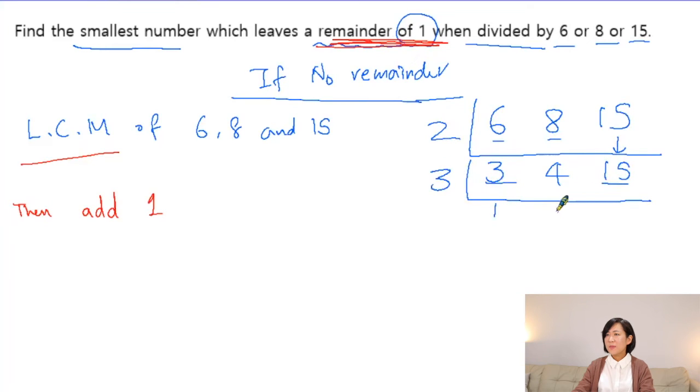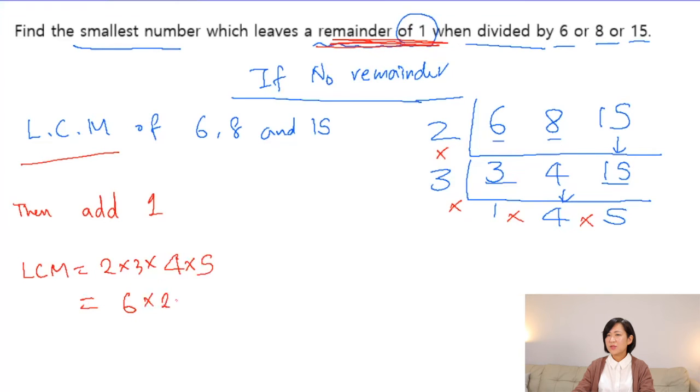Then you can divide 3 and 15 by 3, 1, copy down the 4, then 5. Then draw the L shape, and the LCM of the 3 numbers is 2 times 3 times 4 times 5. That is 6 times 20, so 120 is the LCM of the 3 numbers.